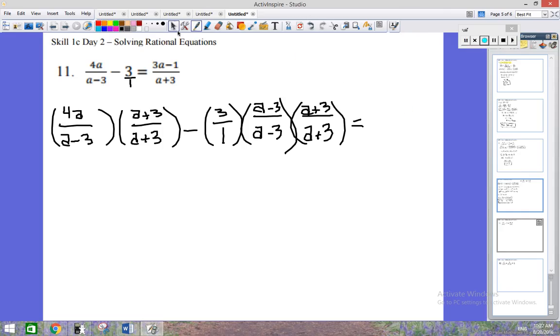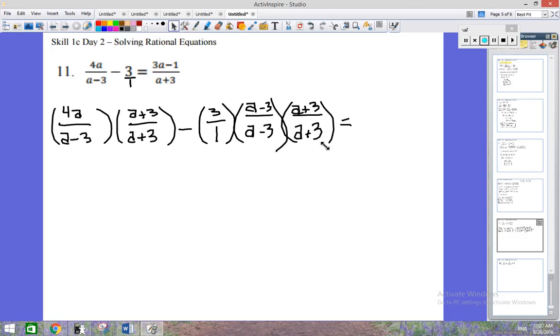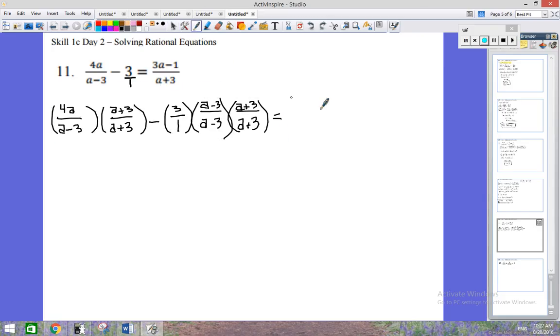Now, let's shrink this up just a little bit. On the right-hand side, a minus 3. So, what do we have? All of these are common denominators.